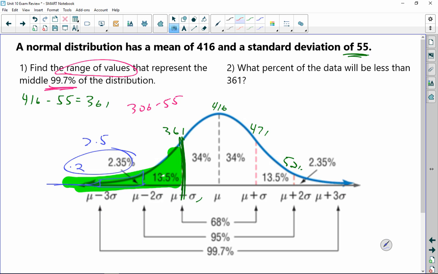Okay, that's standard. Everybody with me? Okay, so now I just take the 13.5% and add the 2.5, which gives me 16%.